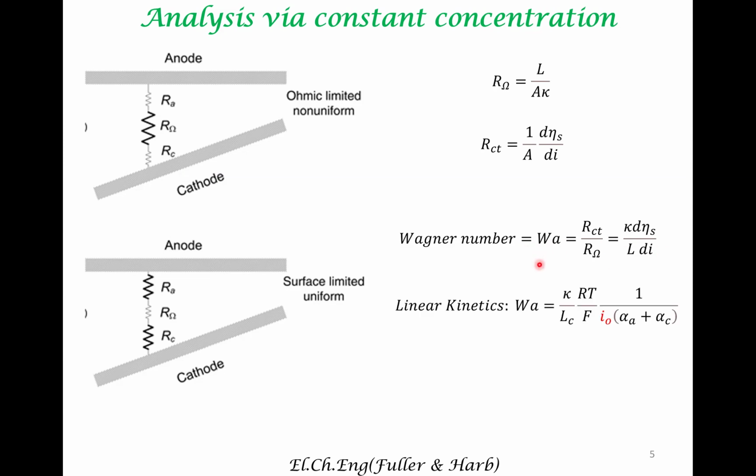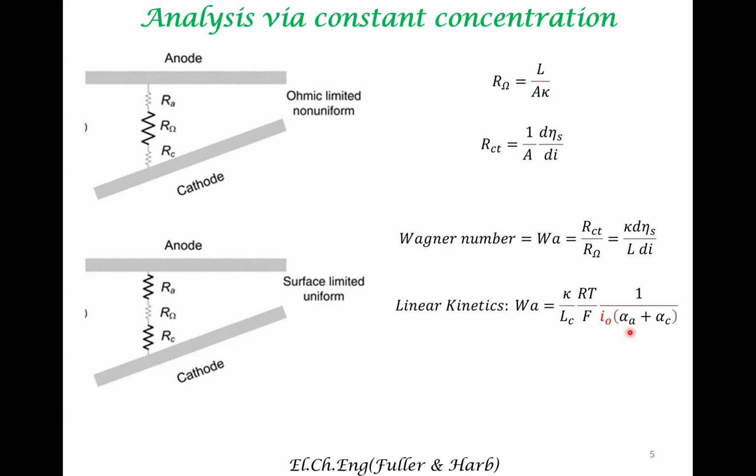So in this case, certain analytical results can be obtained if the current characteristic with respect to potential is represented using linear kinetics. Okay, so this is one approximation. The fundamental phenomenological equation for describing I versus V is the Butler-Volmer equation, electrochemical kinetics.